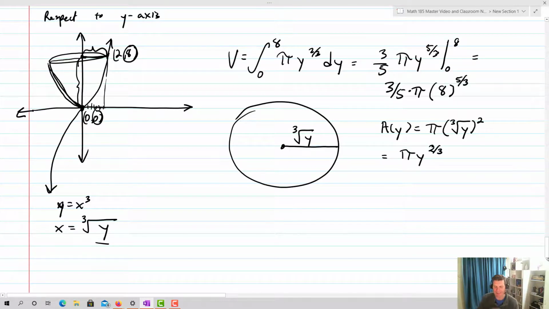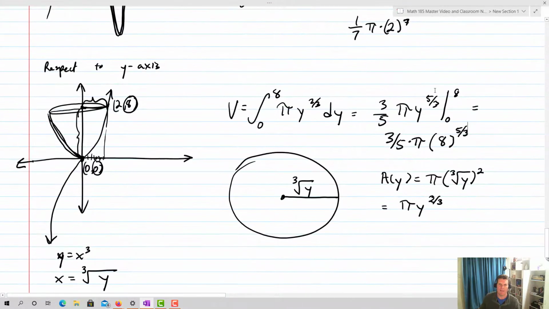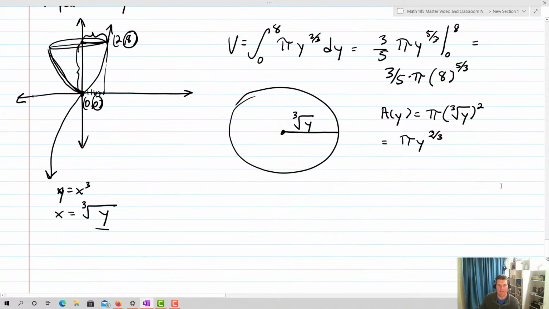If you check against what we got in the previous question, these are very different numbers. 3/5 pi times 8 to the 5/3 is very different from 1/7 pi times 2 to the 7th.